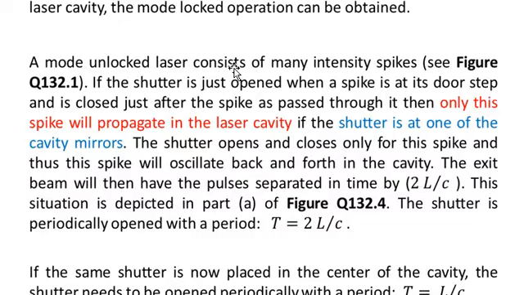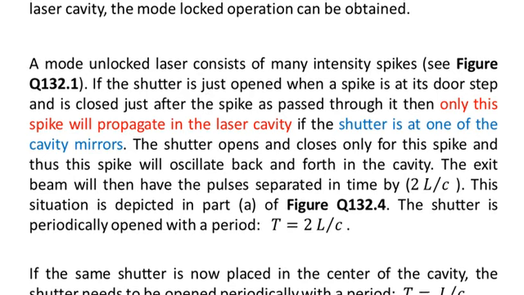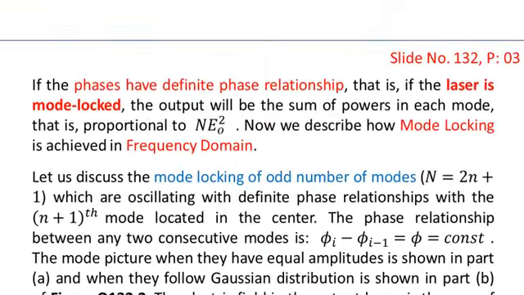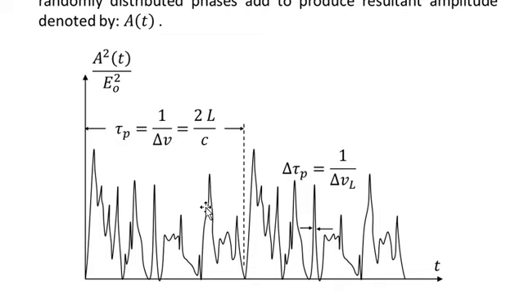A mode unlocked laser consists of many intensity spikes as shown in figure number 1. Let me show you figure number 1 again. Okay, you can see that there are many spikes, repeating, and then repeating after that.